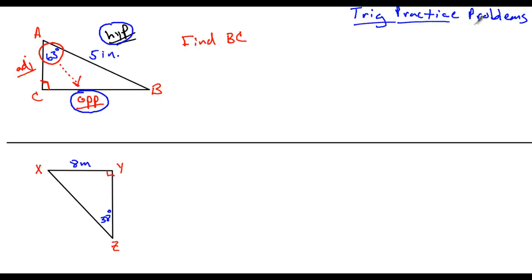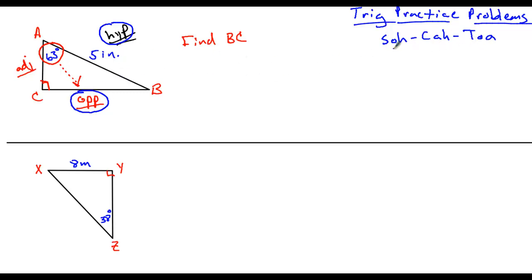So anytime I'm doing a trig problem, I want to think about my SOHCAHTOA. Okay, and you remember that sine is opposite over hypotenuse, cosine is adjacent over hypotenuse, and tangent is opposite over adjacent. So to solve this problem, I want to use whichever one of these methods uses opposite and hypotenuse.